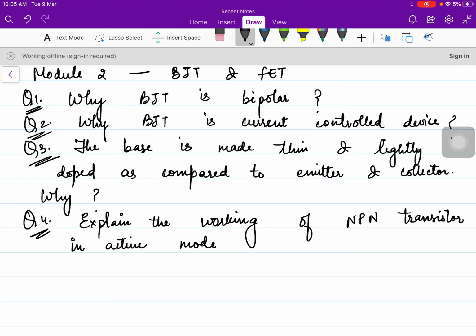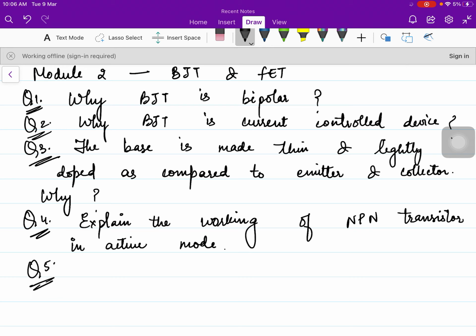So you just have to write the same answer in all the questions, and don't wait for the examiner to ask for the transistor current equation to write. Just write it on your own, because you will get the marks for that. So write the transistor current equation that is related to the 3 currents of the transistor: IE is equal to IB plus IC. You must also include that in your answer. Draw the diagram properly and explain the operation. So this question might come.